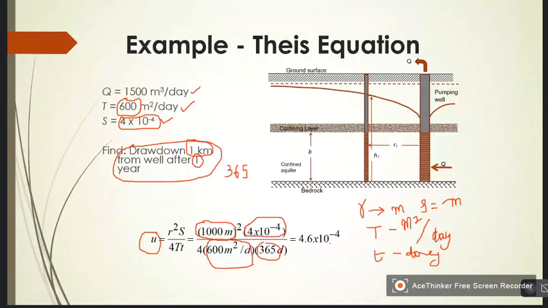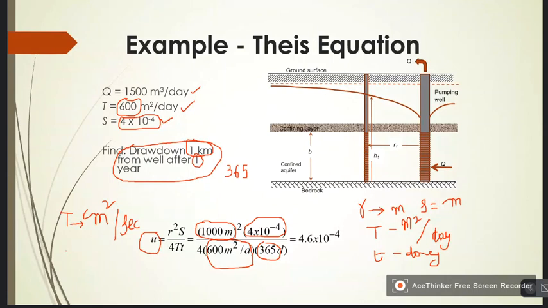You look at this. Suppose your T is given not in meters, say for example, centimeter square. Suppose it is given, your capital T is given in centimeter square per second.